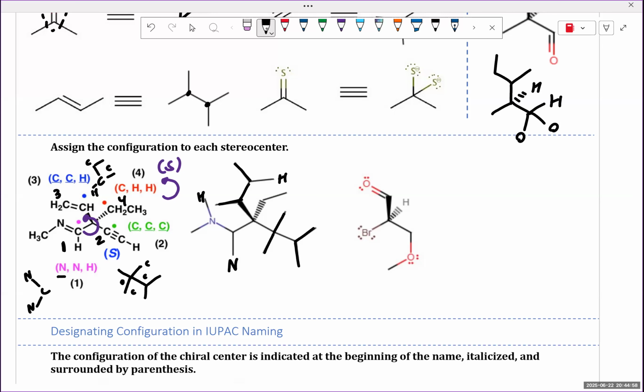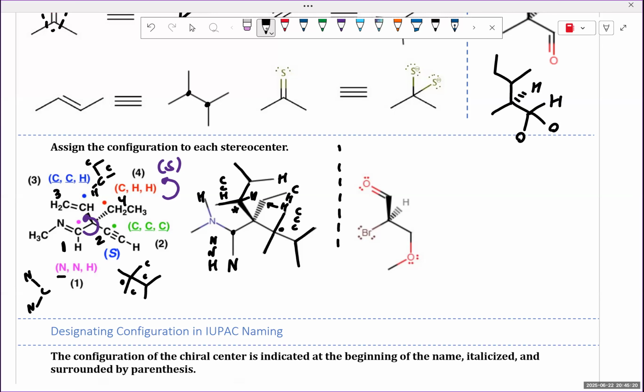From here we can see this carbon is attached to 3 carbons, this carbon is attached to 2 nitrogens and a hydrogen, and this carbon here is attached to 2 carbons and a hydrogen, while this carbon here is attached to a carbon and 2 hydrogens.